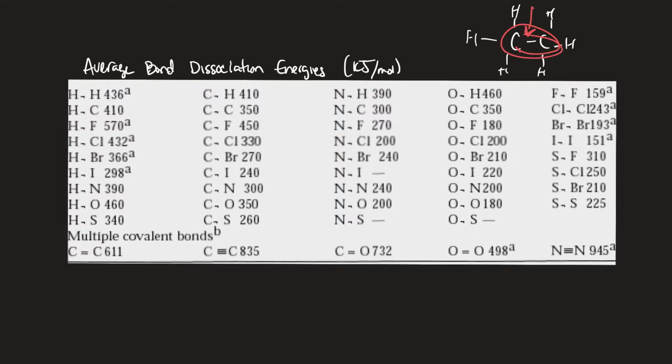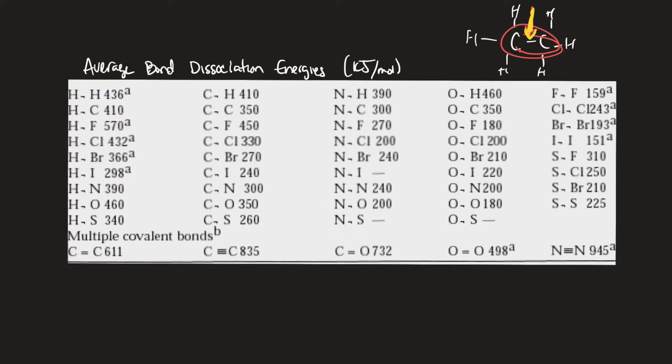How much energy does it take to break the single bond between these two carbons? It takes about 350 kilojoules per mole of energy to break that bond.